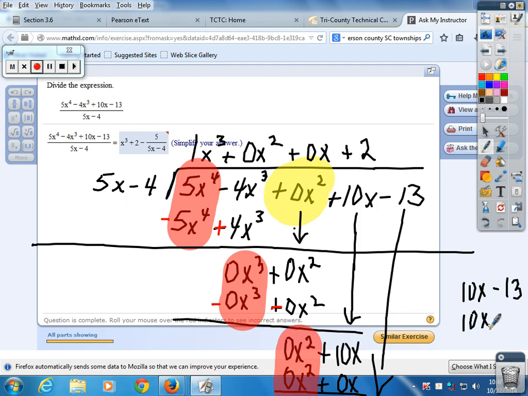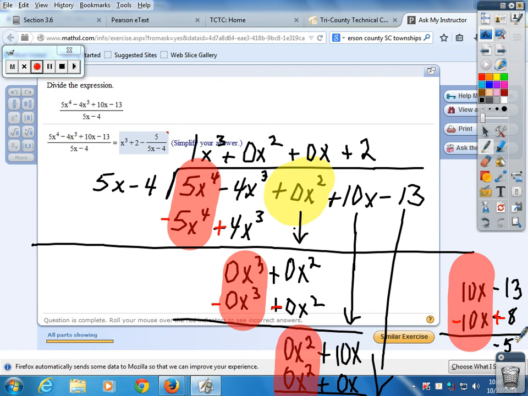And 2 times negative 4 is negative 8. And we always subtract. Of course, that goes out. What's negative 13 plus 8? Negative 5.